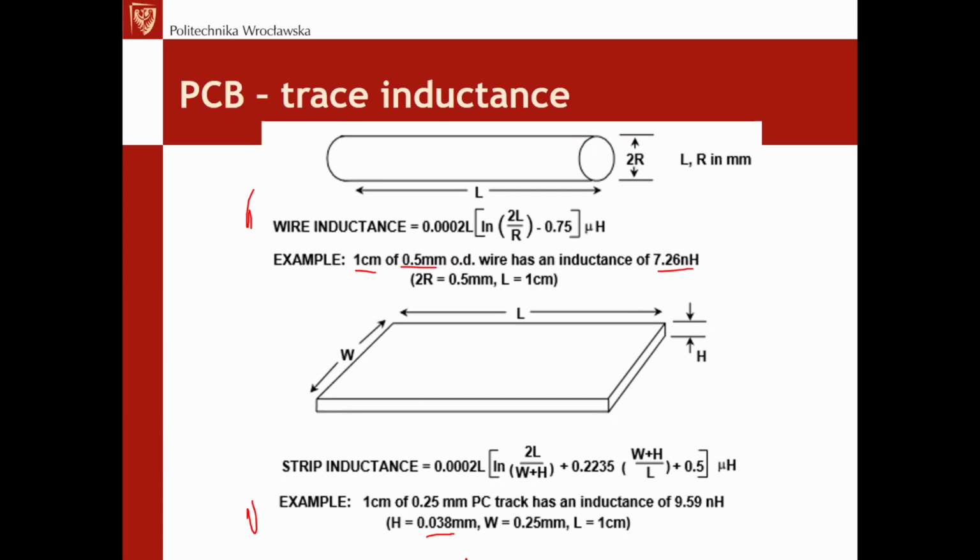And the same about the track: a 38 micron track with the standard width of 10 mils. One centimeter of such a track would have 10 nanohenries of inductance, which means that at 2.4 gigahertz, such a track would yield about 180 ohms of impedance. 180 ohms, mind that.